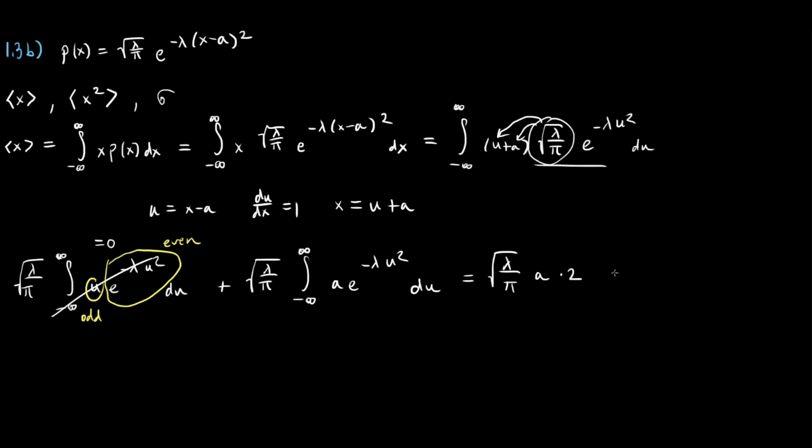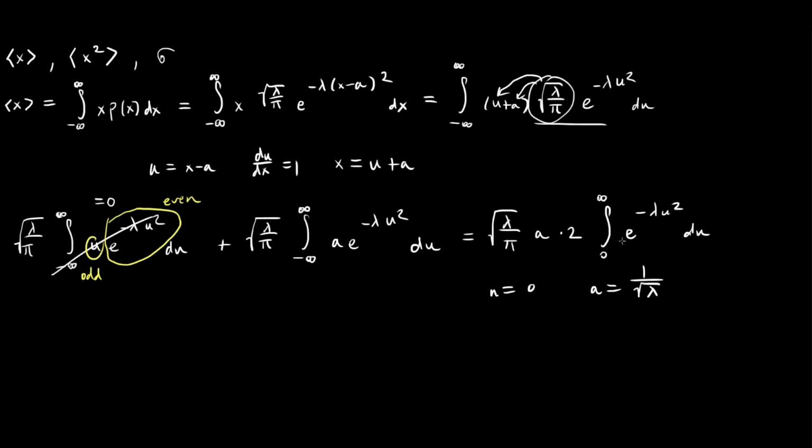Remember, we have to multiply by 2 if we want to go from 0 to infinity, of e to the negative lambda u squared du. And then here n will equal 0, and a will equal 1 over the square root of lambda again, so that n and a are the same since there is no x in front.